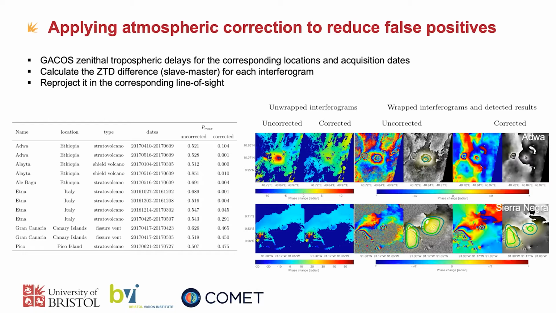But after removing the atmosphere, those fringes are gone, so the machine learning or CNN will not detect that as a positive anymore. However, if you have good deformation, even after removing the atmosphere, there is still some deformation that you can see. So if the weather model is available, we can include that in the automated system, and then we can improve the detection accuracy.